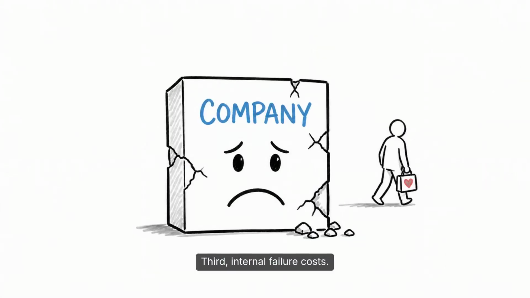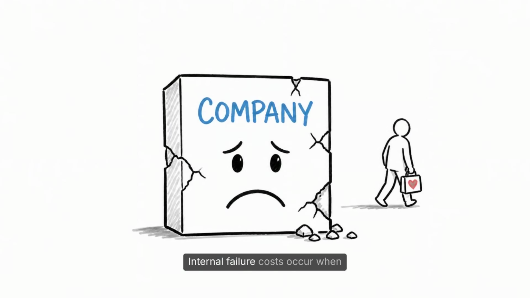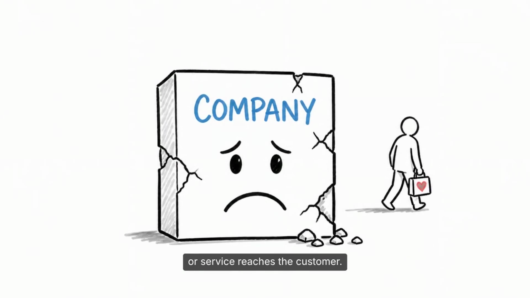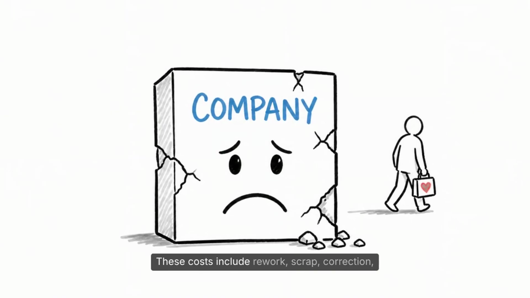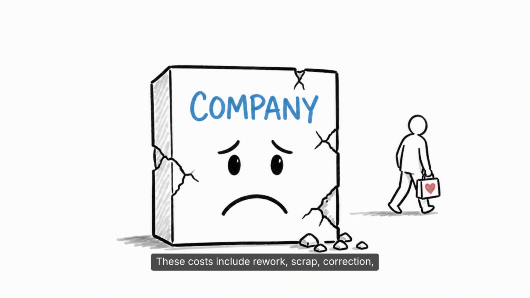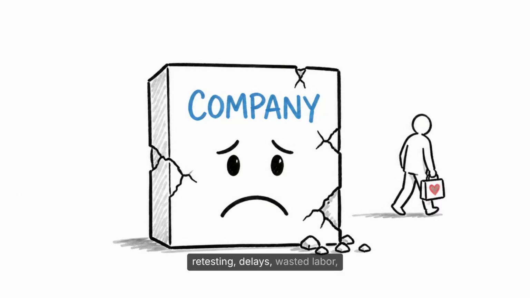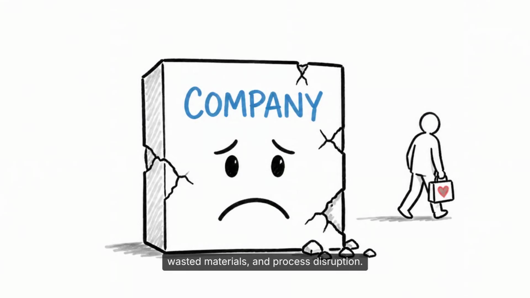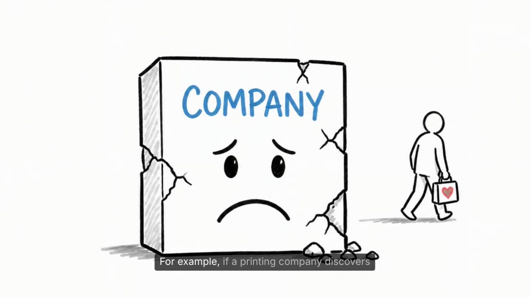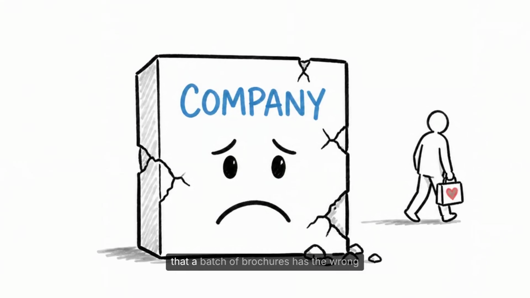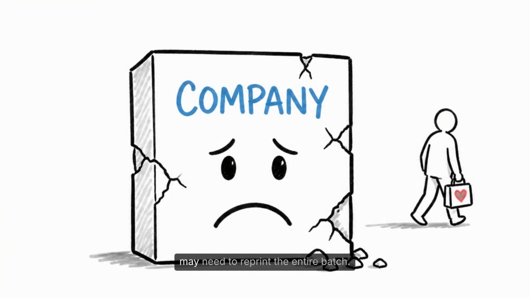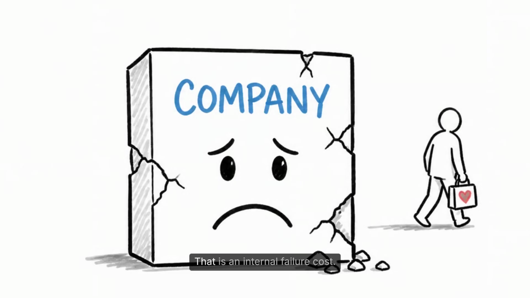Third, internal failure costs. Internal failure costs occur when defects are found before the product or service reaches the customer. These costs include rework, scrap, correction, retesting, delays, wasted labor, wasted materials, and process disruption. For example, if a printing company discovers that a batch of brochures has the wrong color before shipping them, the company may need to reprint the entire batch.